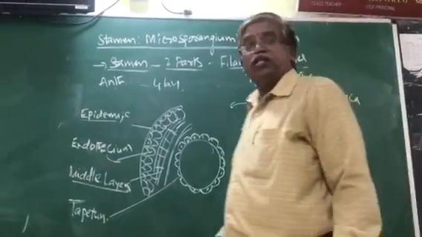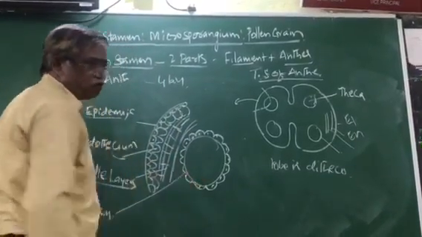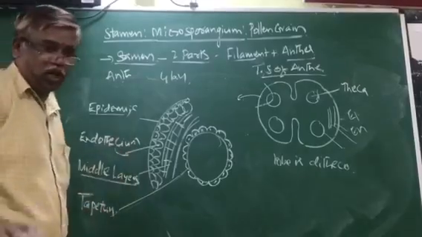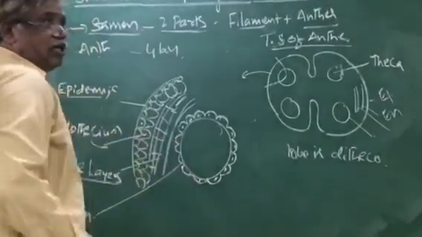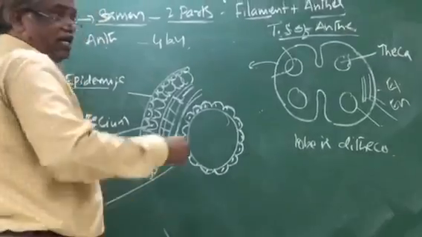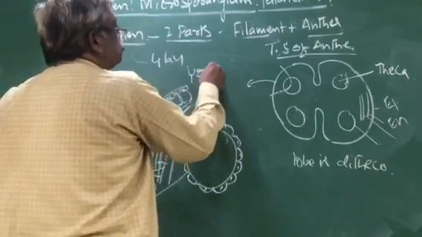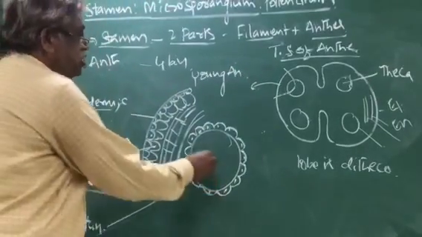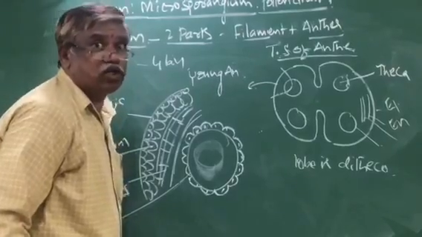Now, what are the functions of these layers? What is the function of tapetum? Right. Okay. Later I can say what the function is. Now come to this. What is this theca? In this theca, at the young stage, young anther, this theca is filled with a diploid tissue.